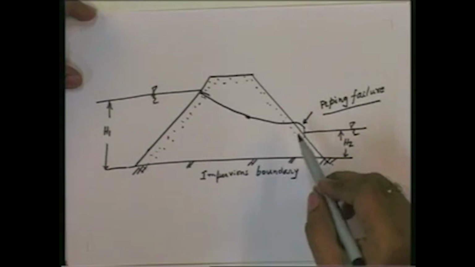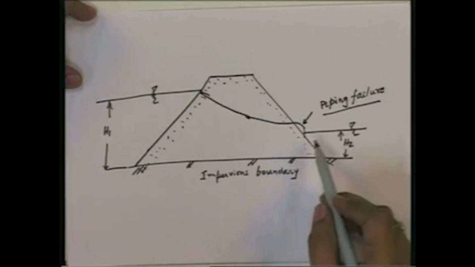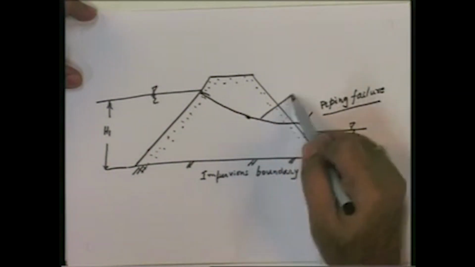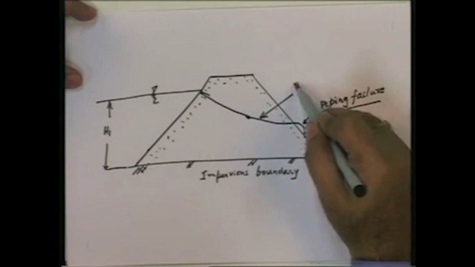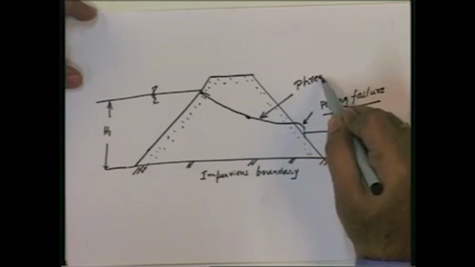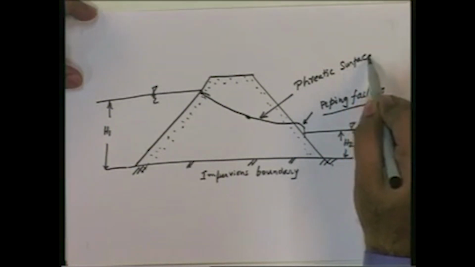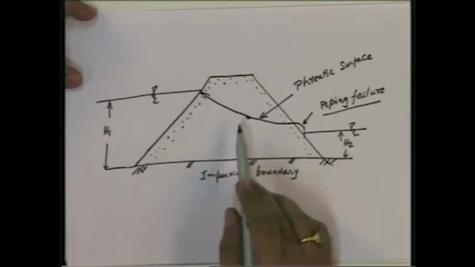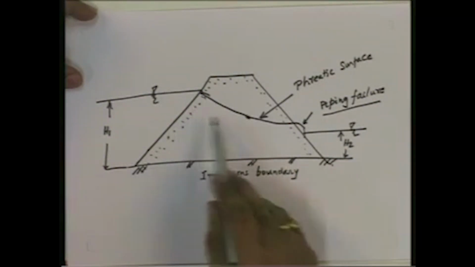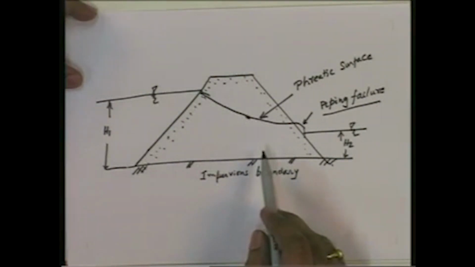So in many situations it is required to keep this upper phreatic surface, this being the phreatic surface, within the earthen dam itself. For that, the measures generally adopted are some chimney drain, or some rock toe, or some rock filter at the toe of the dam.